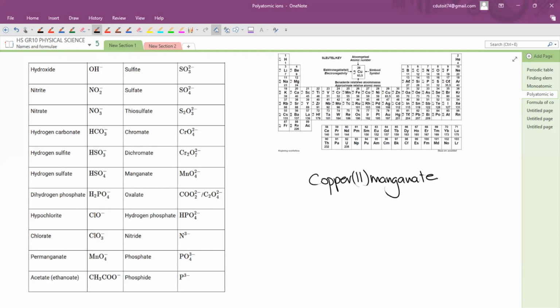Get the ion of copper, get manganate from the table. Remember, you must still learn that table, and then we answer the questions. Then we're going to do something new that's really easy, and it's important for this term and for the task that you have to do. I'm also here to help you with your task. Once you get the task and you've got questions, I can help you.